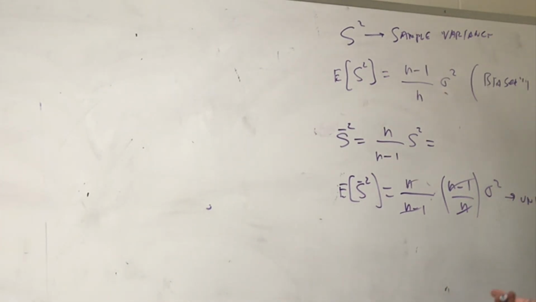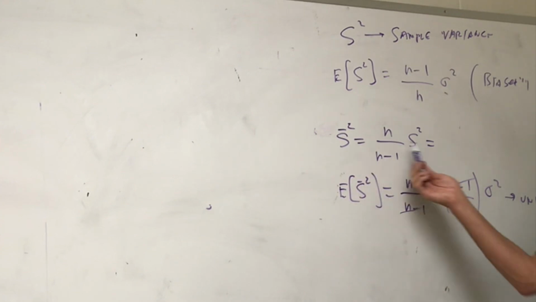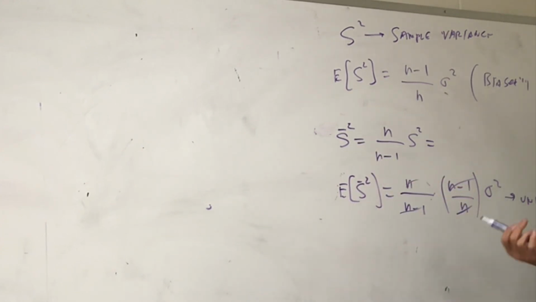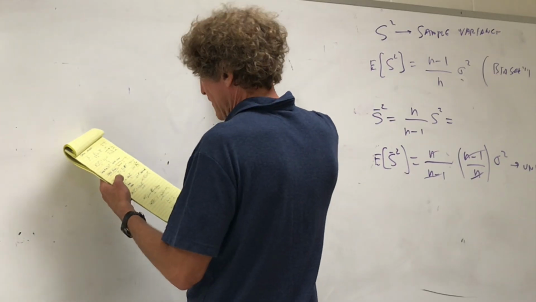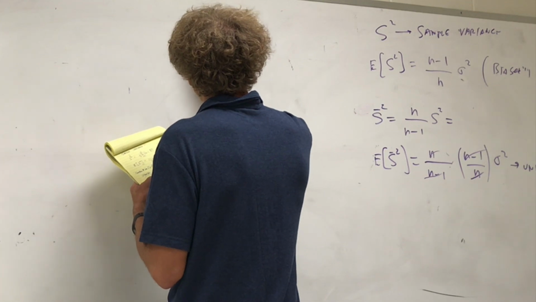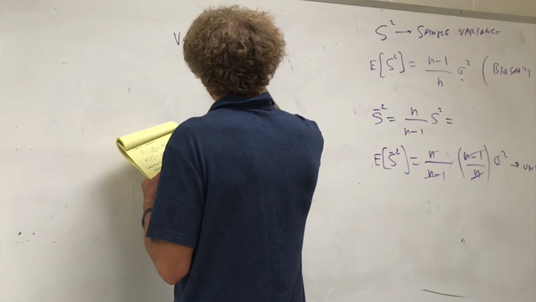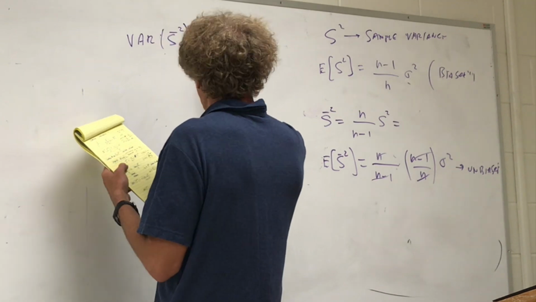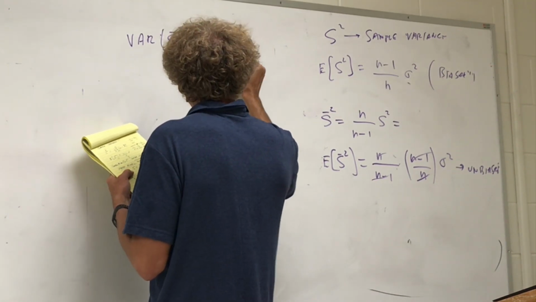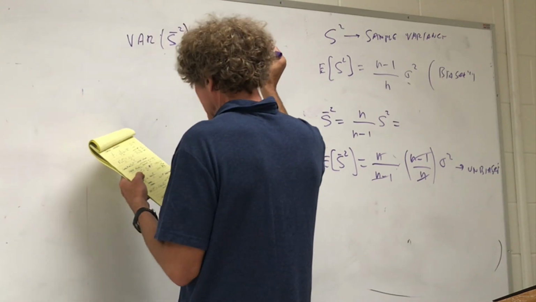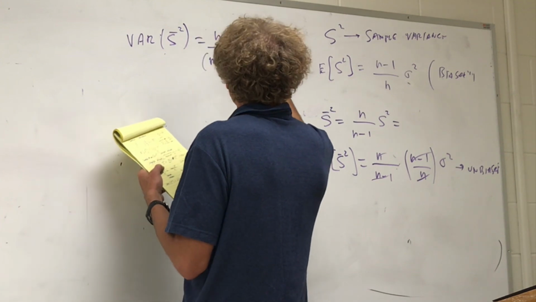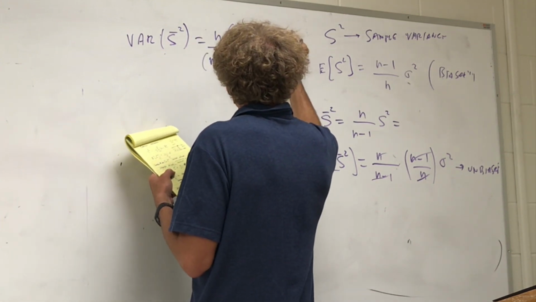I'm just showing you what he's talking about, because he just puts this down. He doesn't say, in fact, the expected value of this is sigma squared. That's the point. Variance of the unbiased estimate. This is crazy sometimes. The variance of s bar squared, and here's where it gets interesting, is n over n minus 1, and he said the proof is tedious, and then it's mu to the 4th minus sigma to the 4th.